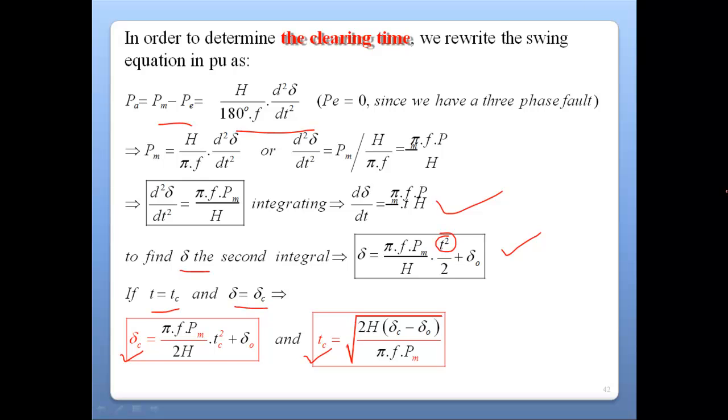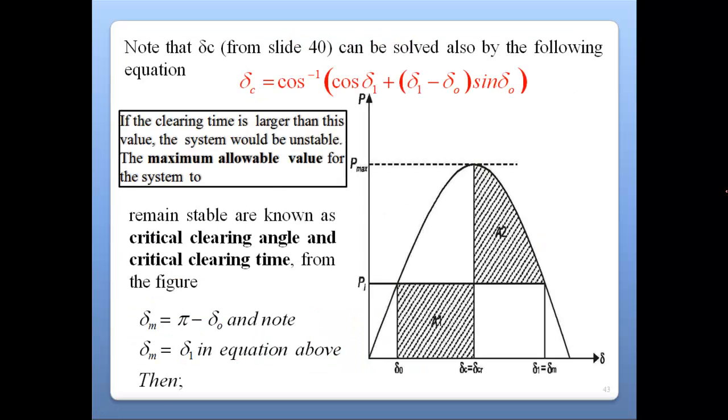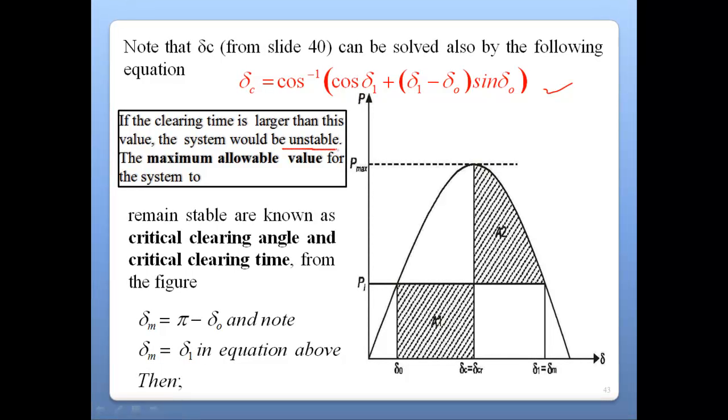This is important for various competitive examinations also, right? Note that the critical clearing angle is basically this function. If we remember, if the critical clearing time is larger than this value, the system would be unstable, and we do not have any control over the alternator basically.